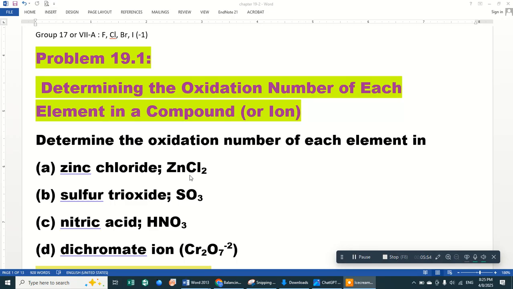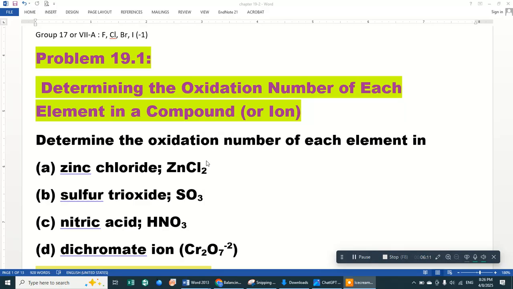For example, in zinc chloride, we don't know the oxidation state of zinc, but we know the oxidation state of chlorine. Chlorine belongs to the halogens, and all halogens show the -1 oxidation state. So chlorine is -1 here.